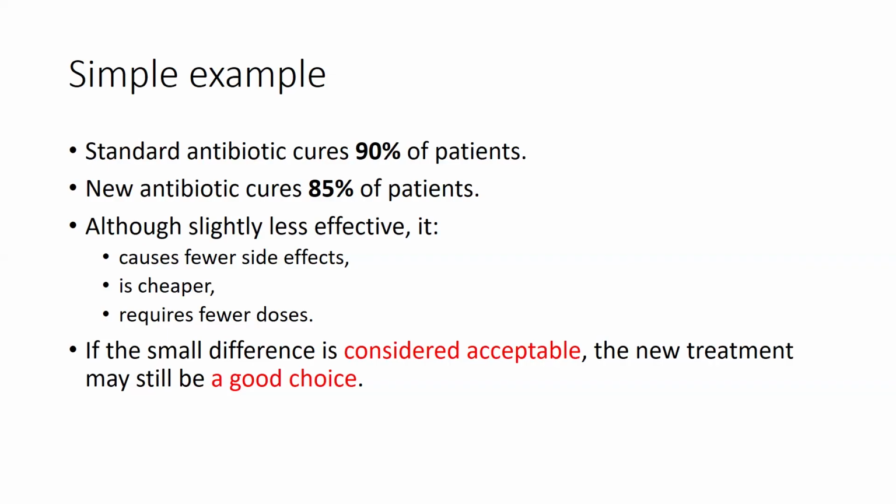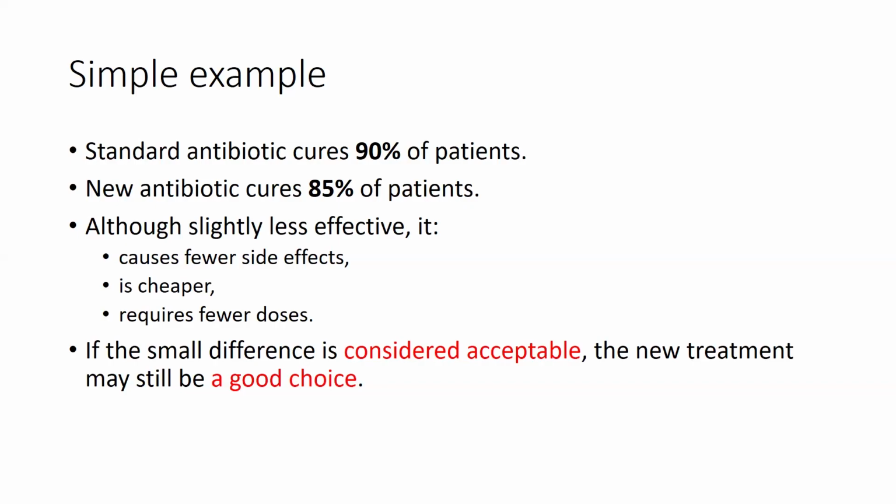The reason is here: although slightly less effective, by 5%, this new antibiotic causes fewer side effects. It is cheaper than standard antibiotic. It requires fewer doses. It is easily available.